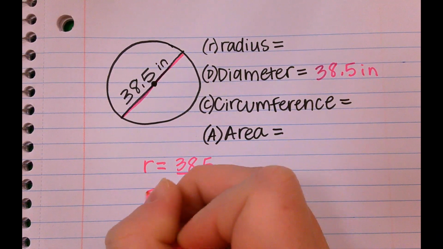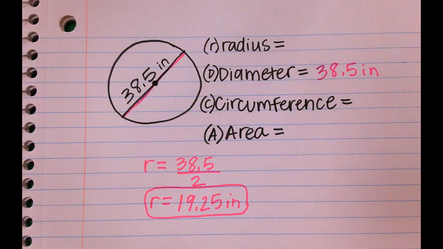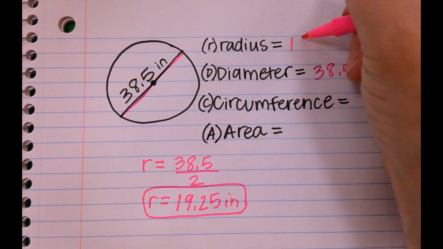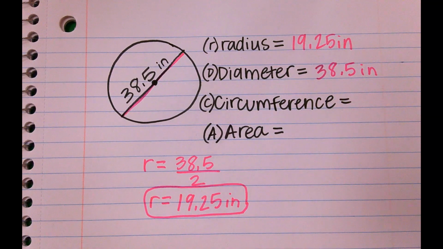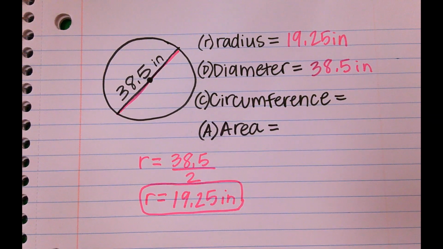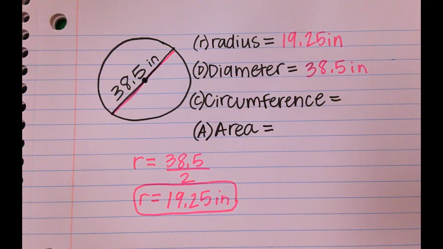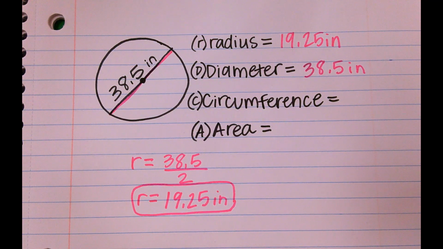That's my radius. So I have my radius. Let's put that here. 19.25 inches. Now I have radius, now I have diameter. We can use those to find circumference and area.